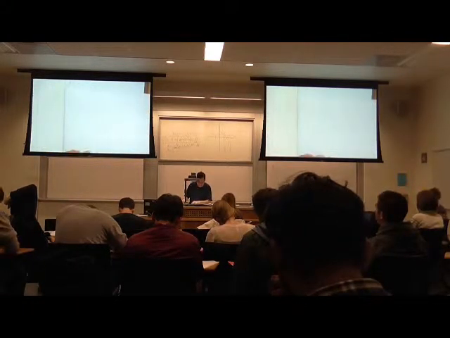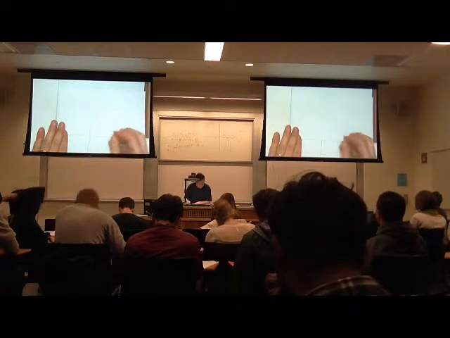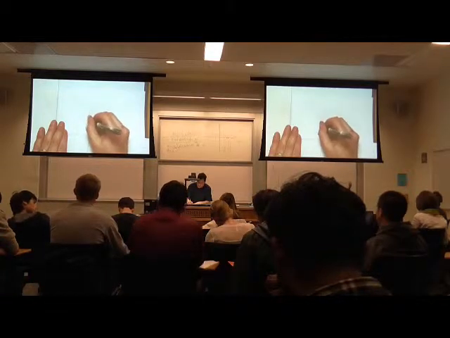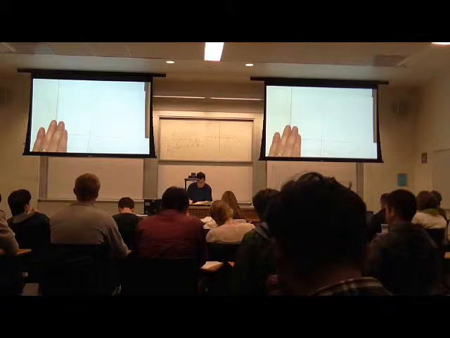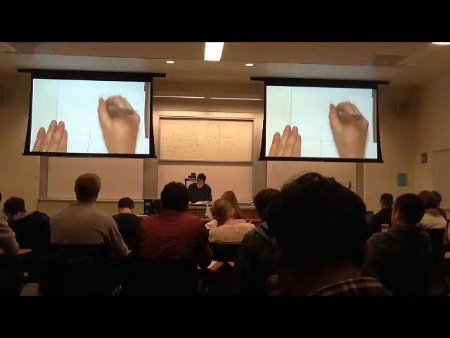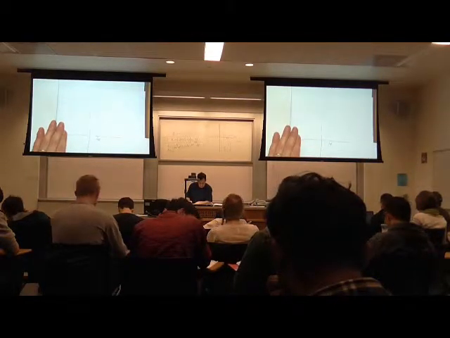I wish I could trace this. So it looks like we have, again, an asymptote a little to the left of the y-axis, and then another asymptote a little to the left of 90 degrees.